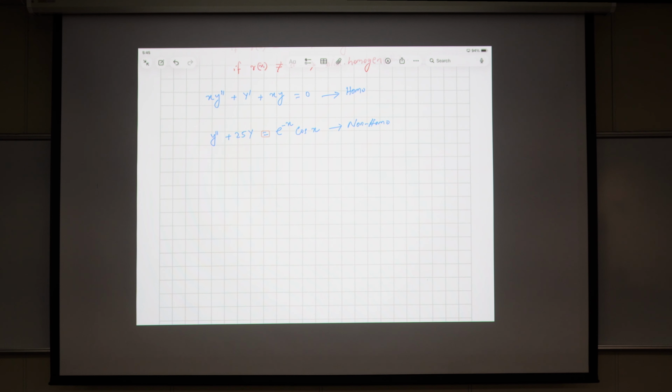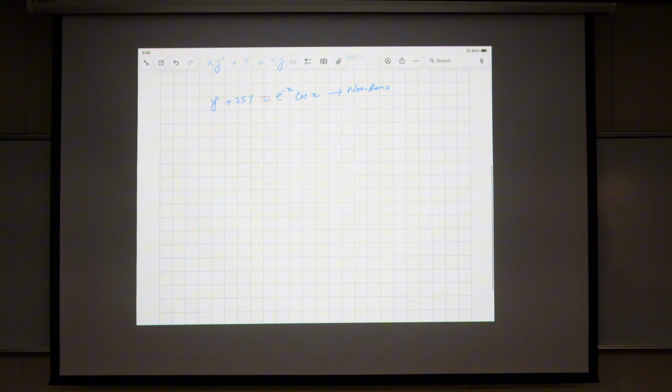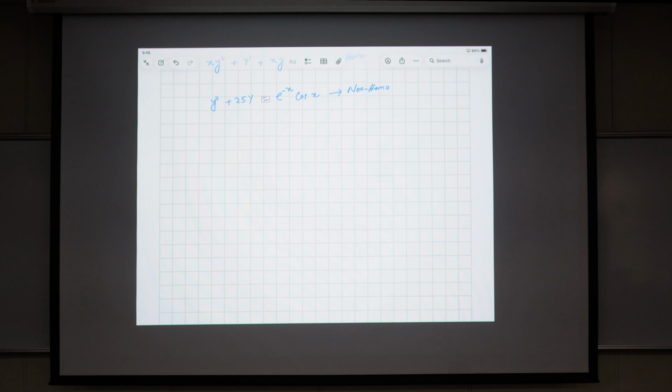Okay. So there is a concept called the superposition principle. Specifically, for the homogeneous linear ODEs, there is something called the superposition of solutions.